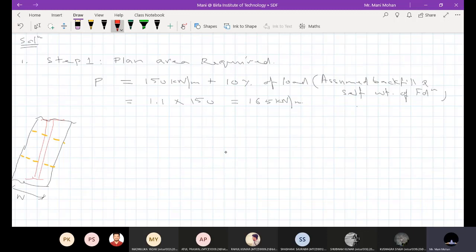I should compute the upward pressure because of the load. Since I'm considering 1 meter strip, in 1 meter strip I'm having a load of 165 kilonewton.